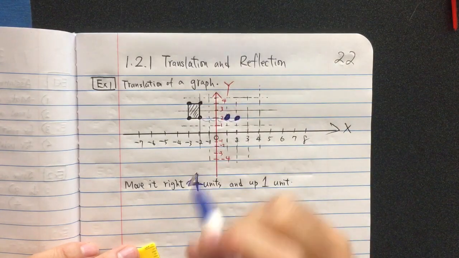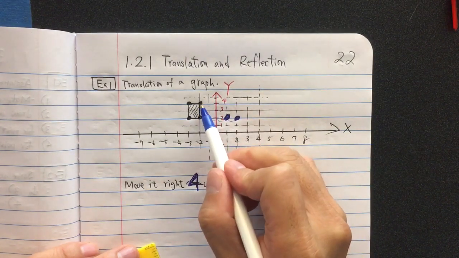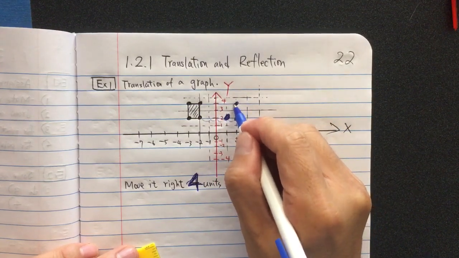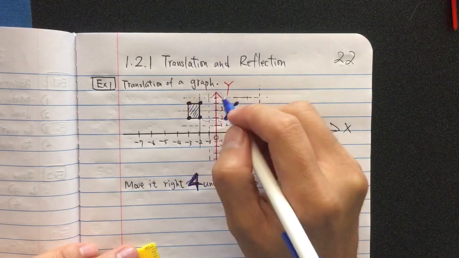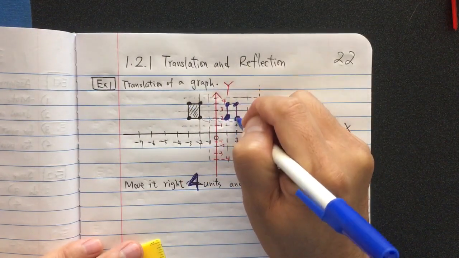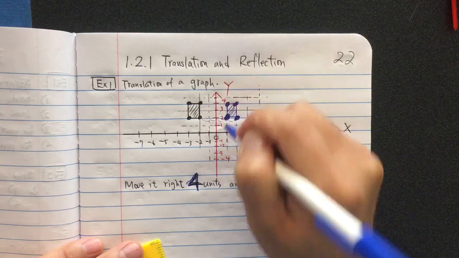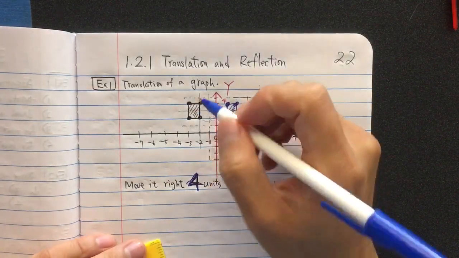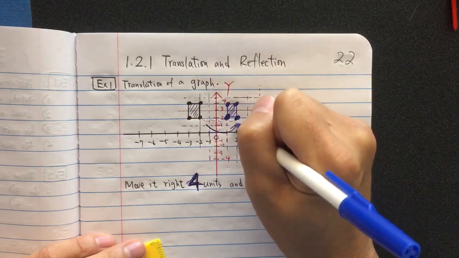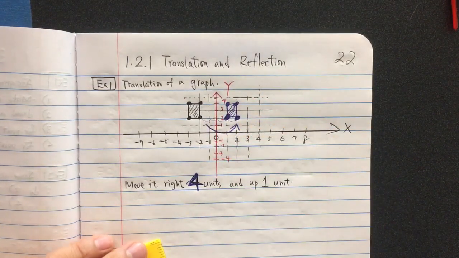And this point we need to move 4: 1, 2, 3, 4, right here. And the last one, we move this point 4 units. So now we have a new graph here, right? We move 4 units.